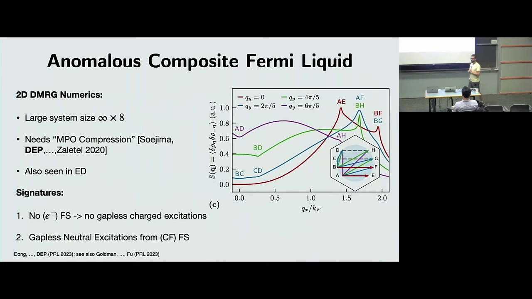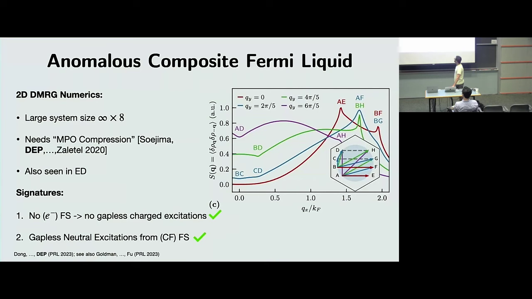So putting these together, we see that we have both numerical signatures we would expect of a composite Fermi liquid, absence of a Fermi surface in the electronic degrees of freedom, but still every signature of a Fermi surface in the neutral degrees of freedom. So numerically, we can conclude that there should be an anomalous composite Fermi liquid in MoTe2 at half filling.